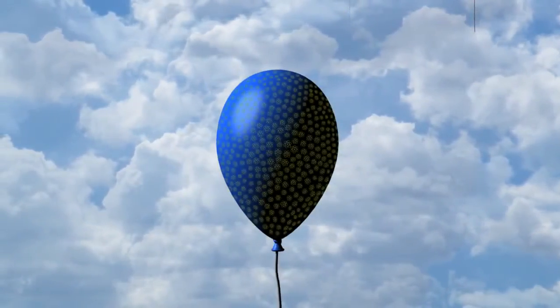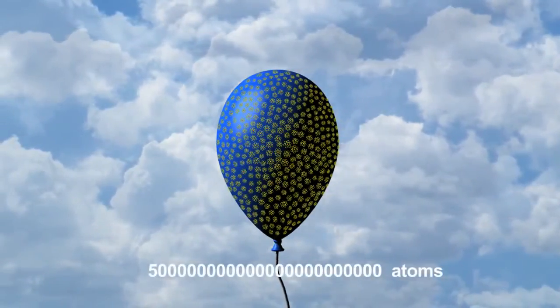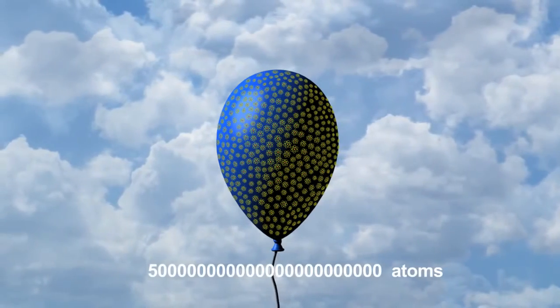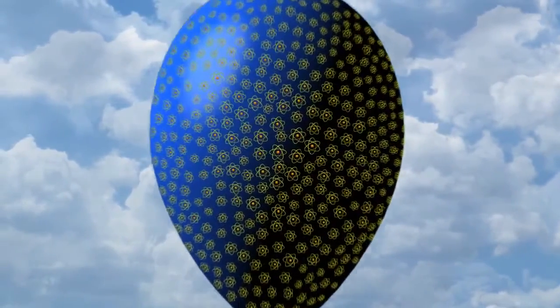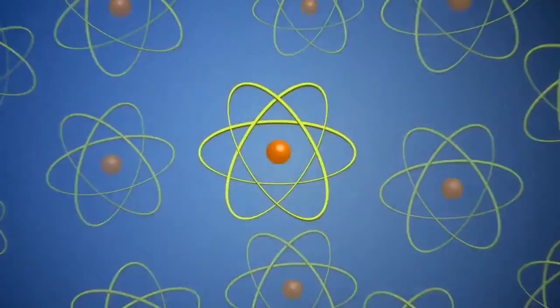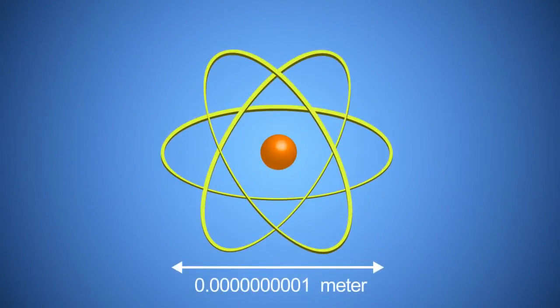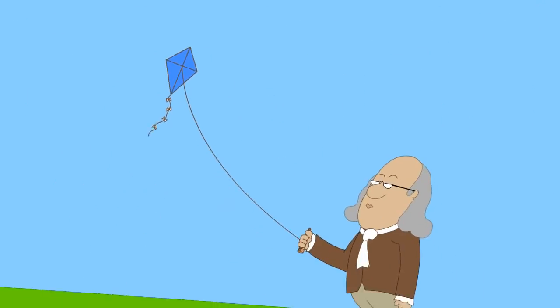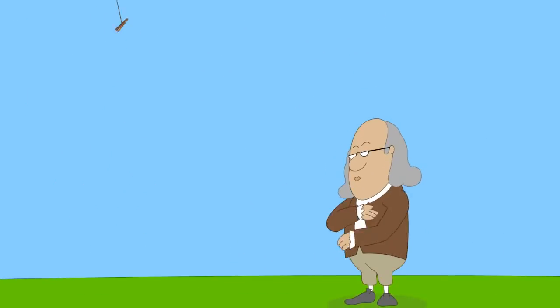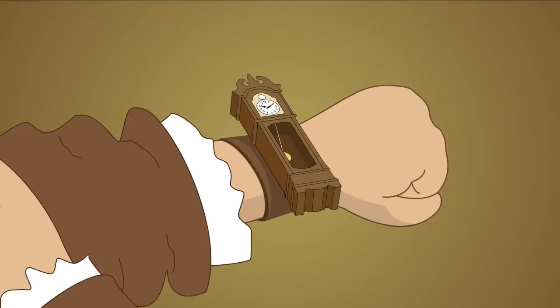The number of atoms of gas in a toy balloon is about 500 sextillion. And the size of one of those atoms is about 1/10,000,000,000th of a meter. Hundreds of years ago, time measurements much smaller than a second would have been difficult or impossible.